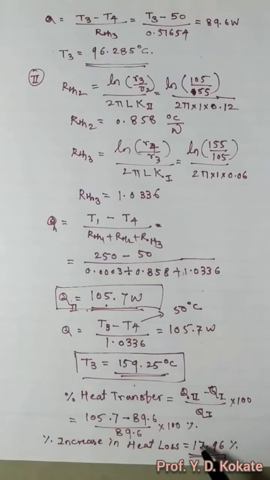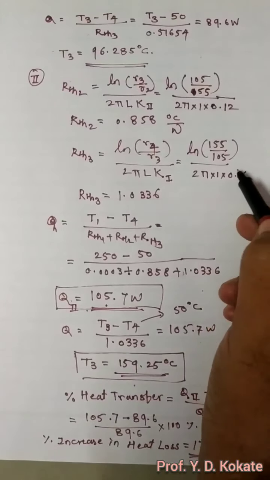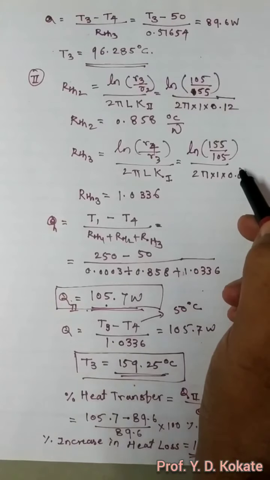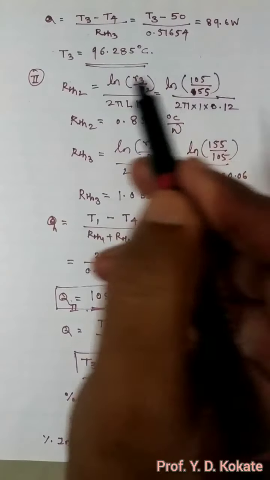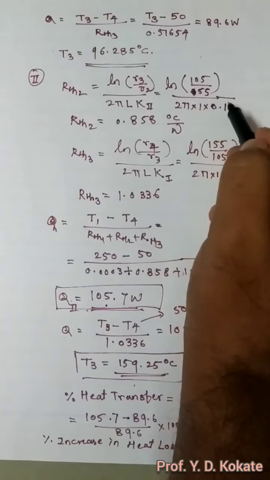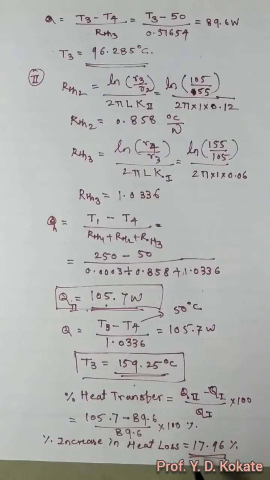Then heat loss will increase by nearly 18%. And if you put the 0.06 material, which is low thermal conductivity and a better insulator, nearer to the pipe, and then the higher thermal conductivity material on the outer side, you save 18% loss of heat from the pipe. That's it. Thank you.